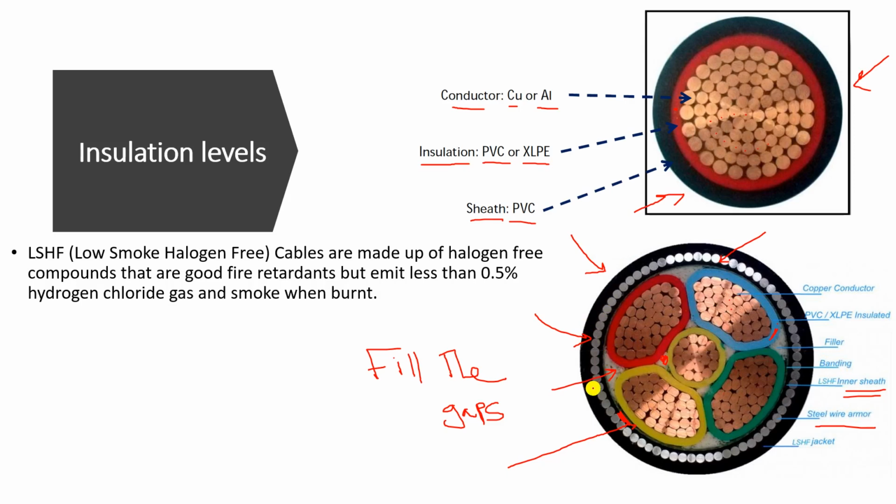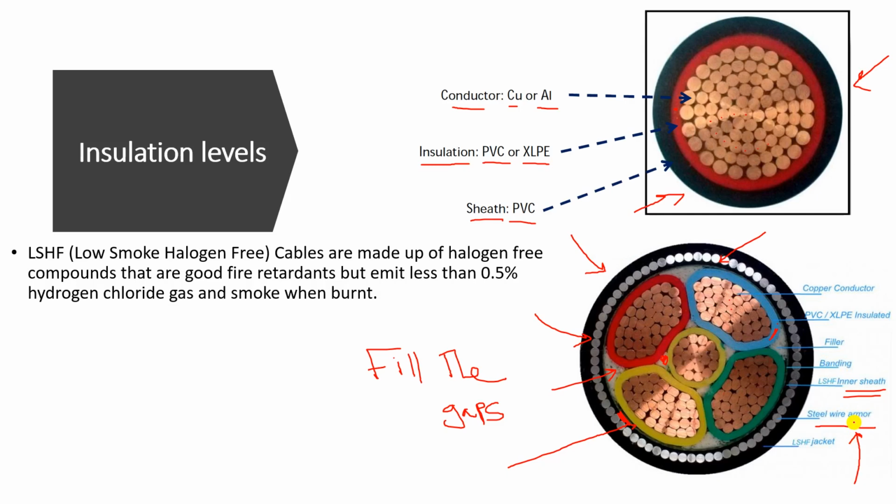So this inner sheath protects the inner cores from the armor of the cable itself. And what is the benefit of the armor itself? It's called armor or armoring. This armor protects the cable against mechanical stress.